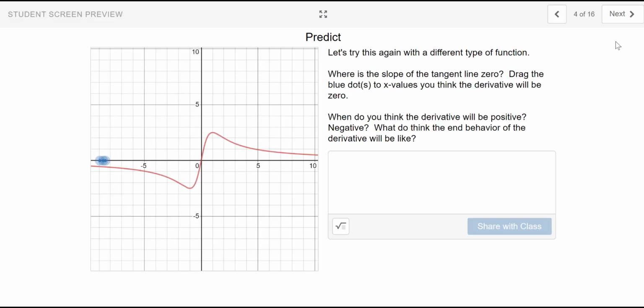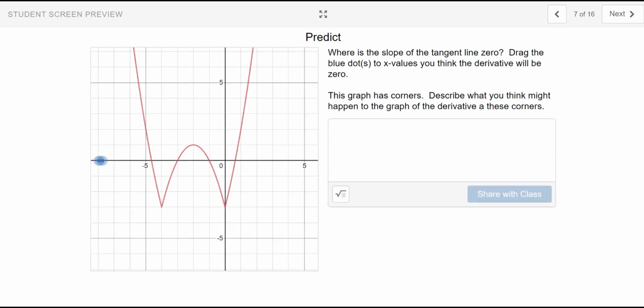We have another example here on the Desmos activity that works nicely for you to verify these properties, but I'm going to skip ahead to slide 7 because this one got a little interesting. So we want to see where the slope of the tangent line is 0. Drag the blue dots to where we think the derivative will be 0, corresponding to those tangent lines having slopes of 0.